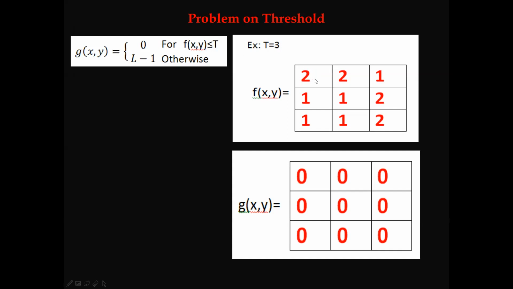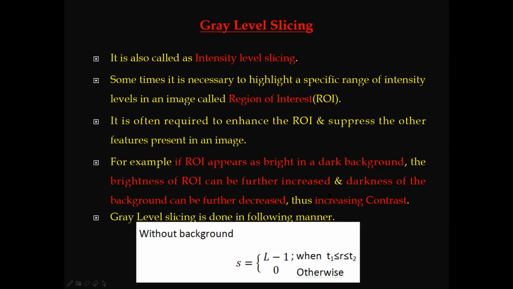Our first pixel in the first row, 2, is less than 3, so 0. The second pixel in the first row, 2, is also less than 3, so 0. All values will become 0. So this is our threshold image.